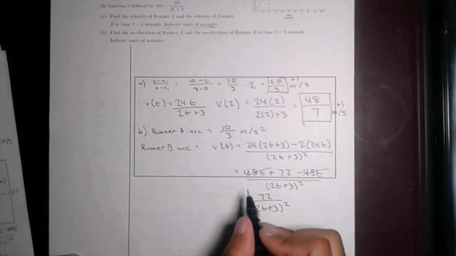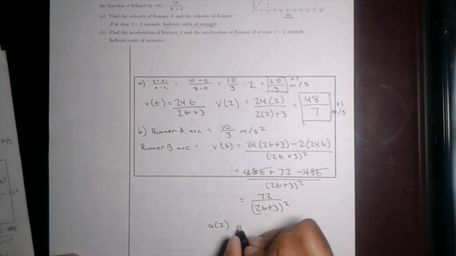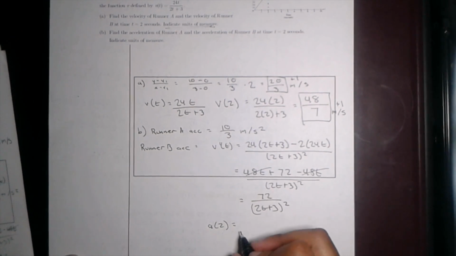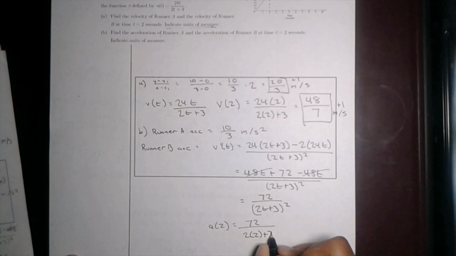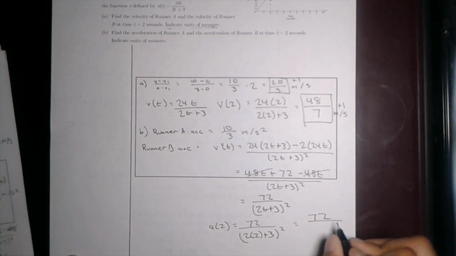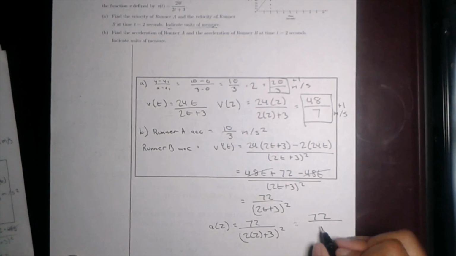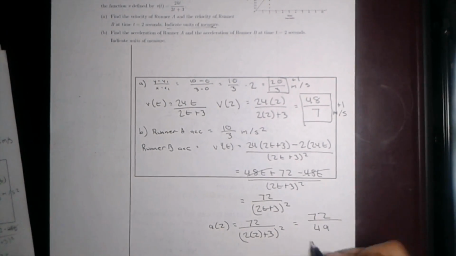After that, you can just plug in 2, because that's what we're looking for, a of 2. 72 over (2 times 2 plus 3), and it's all squared, so 72 over 7 squared, which is 49. And that is your answer.